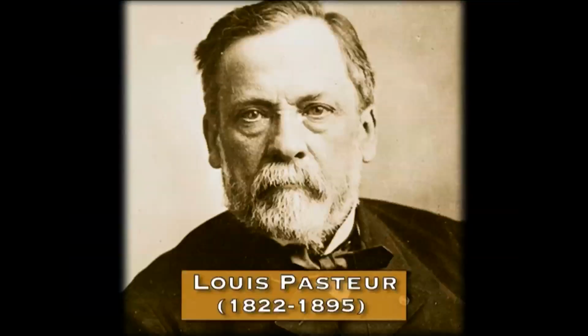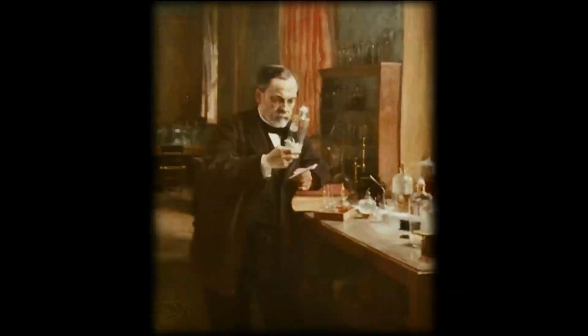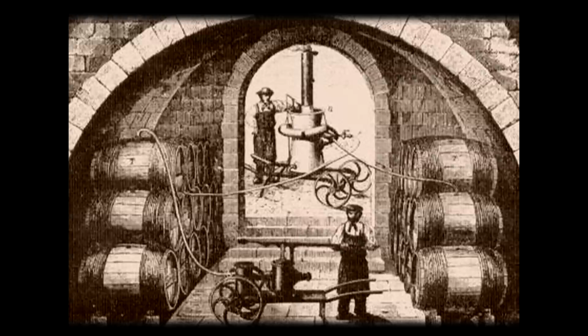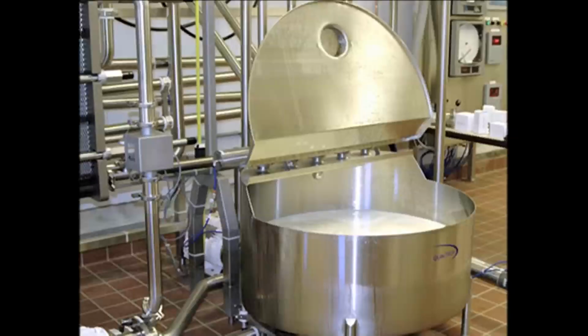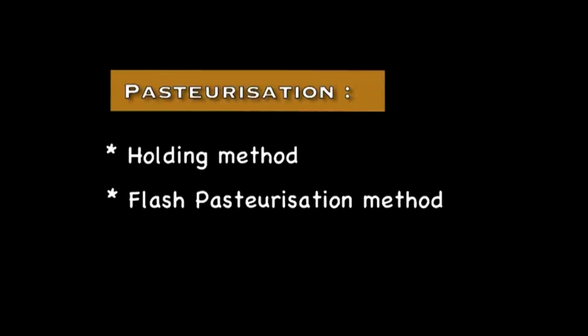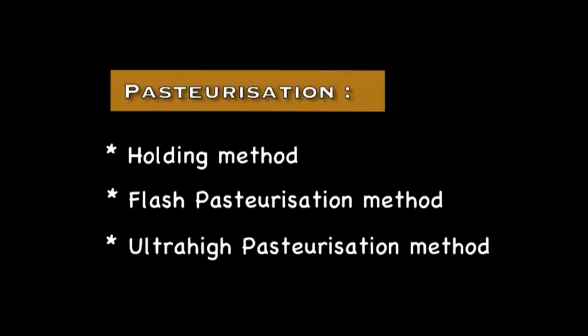Pasteurization was developed by the famous scientist Louis Pasteur. This method was initially used for decontamination of wine. Nowadays, it is used for sterilization of milk. This can be of 3 different varieties. The first method is called the holding method, the second is called flash pasteurization, and the third is called ultra high pasteurization.